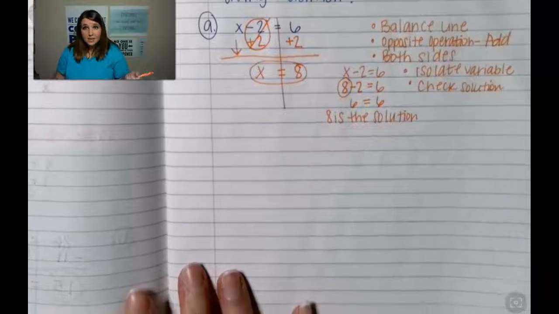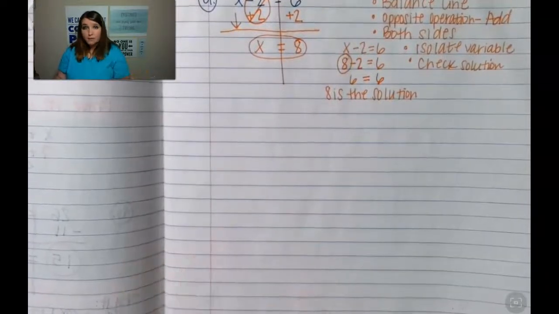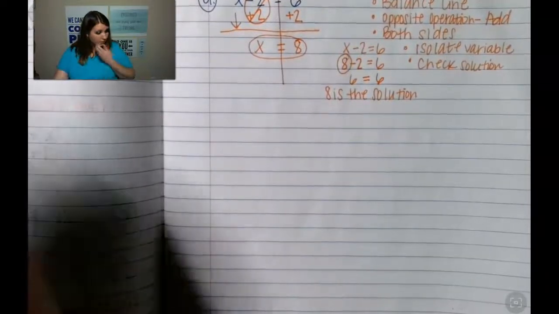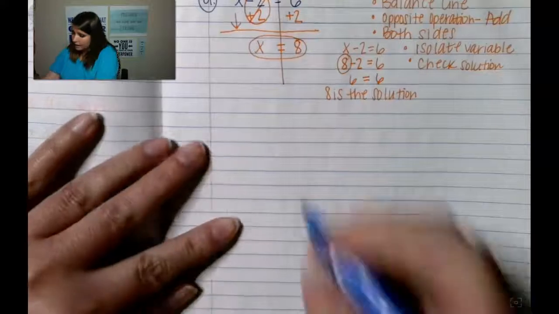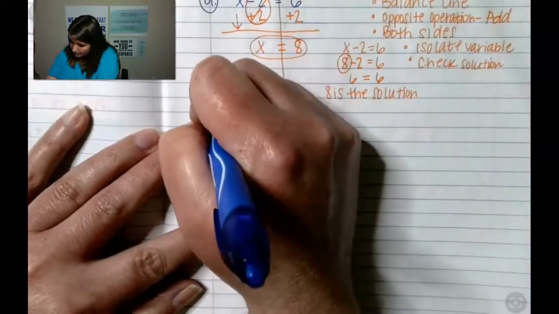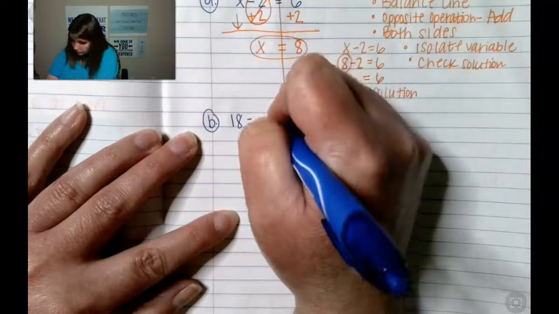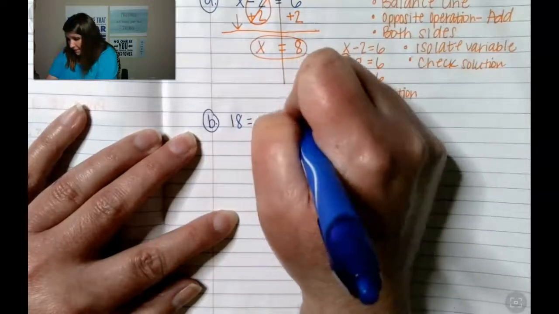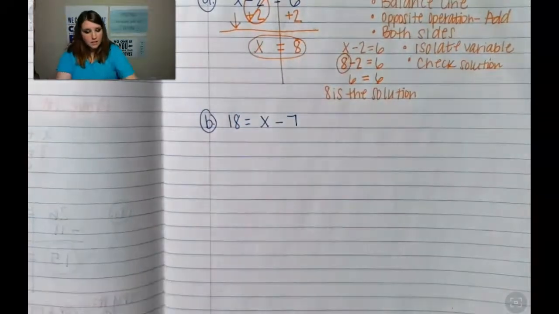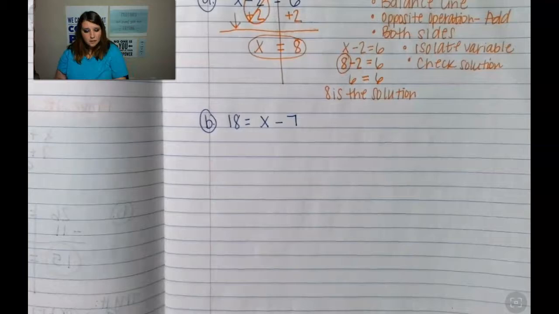Okay, let's try another one and see if we're getting the hang of this. B says 18 equals x minus 7. All right, so now I have x minus 7.